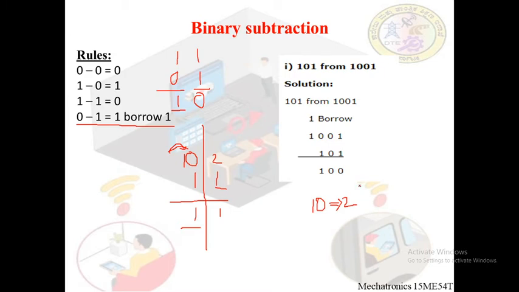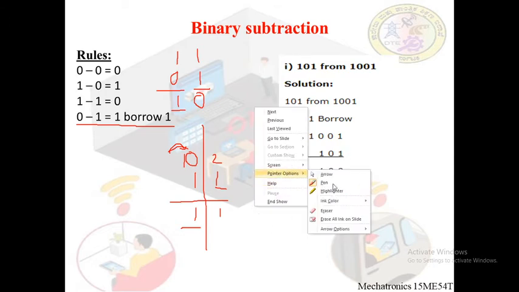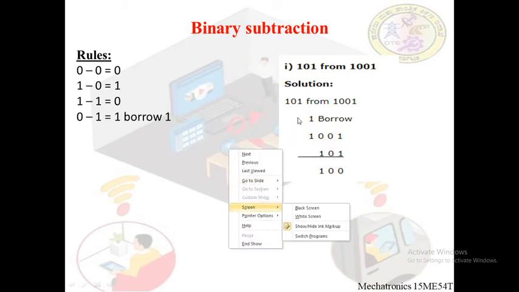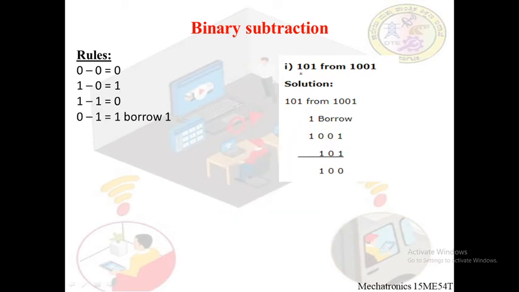With this understanding, let us see one example. Here, subtract 101 from 1001. Here 1001 is the subtrahend and 101 is the minuend, which is the smallest number.